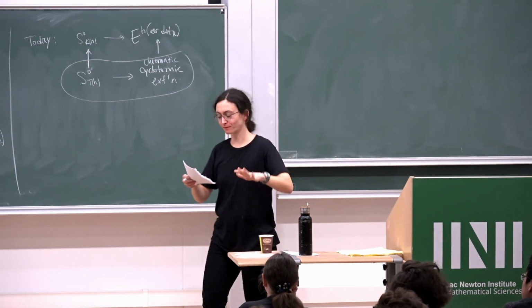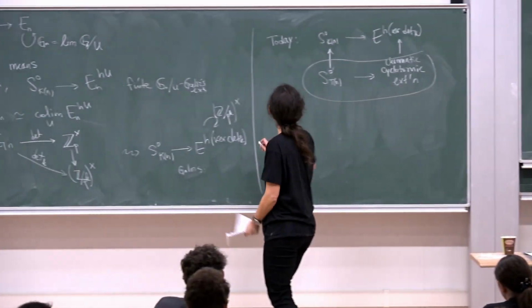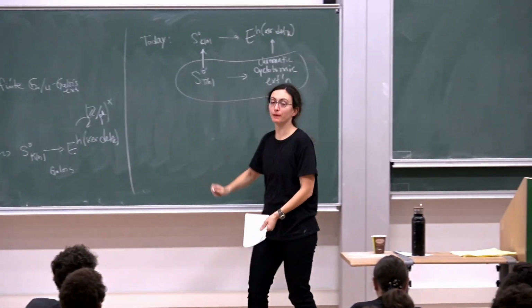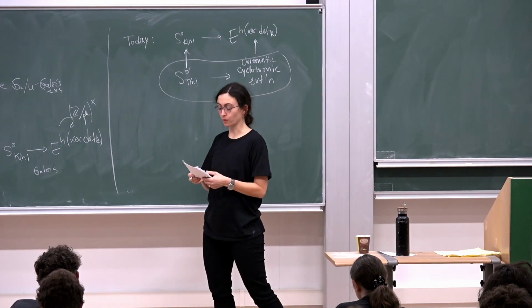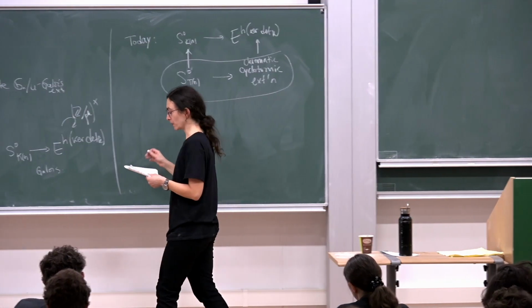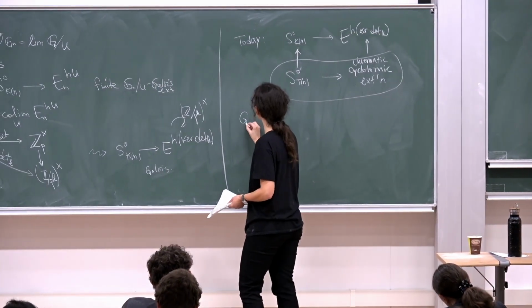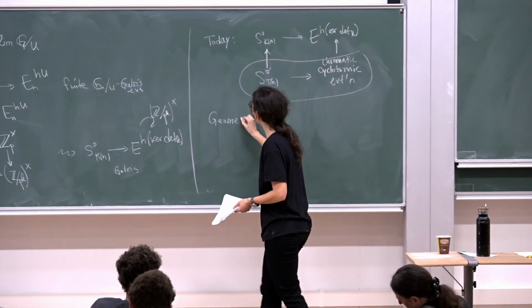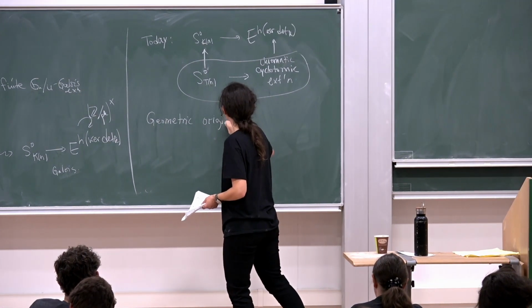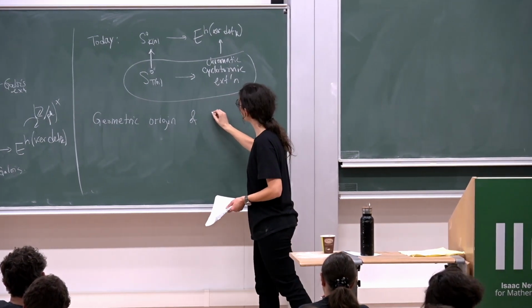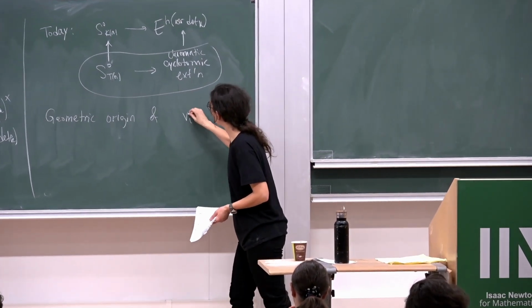It was hiding somewhere. Okay, so to talk about even what Tn is, or the Tn local sphere, we need to talk about the geometric origin of the vn's.